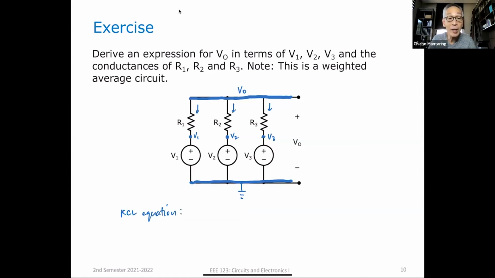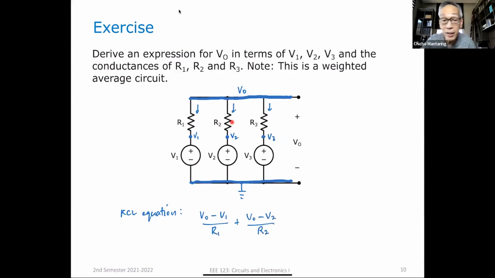Okay, my KCL equation is going to be V sub O minus V1 over R1. Okay, that's this current, plus V sub O minus V2 over R2.